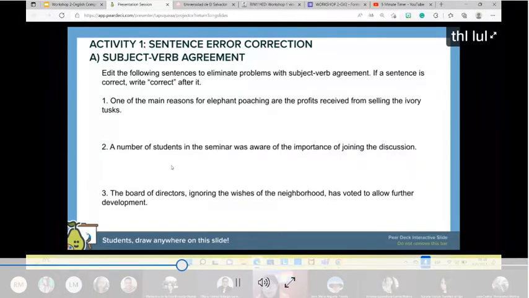It has to do with the number of our subject and how we are going to conjugate the verb. So there must be an agreement in terms of having a subject in singular and a verb that is conjugated in singular. And the other way around, when you have a plural subject. And it is a bit confusing when you have expressions such as one of the main reasons, a number of students, the board of directors.